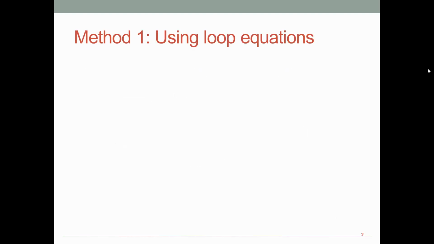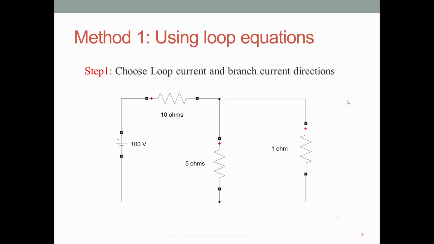Let's move on to method 1 using loop equations. For a loop equation, step 1 is to choose the loop current as well as the branch current direction. How to choose the loop current? You can choose any direction as per your wish. Say for example, I am choosing clockwise direction on both the loops.